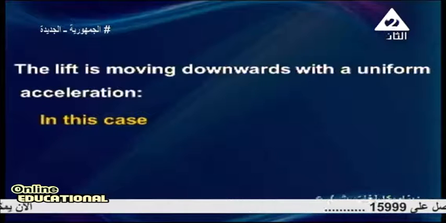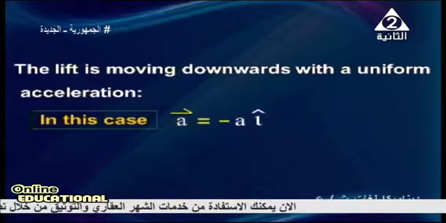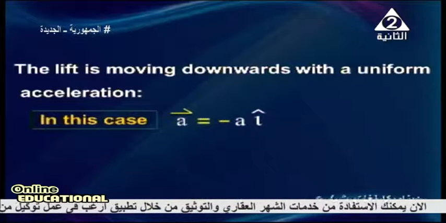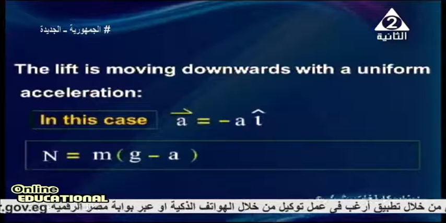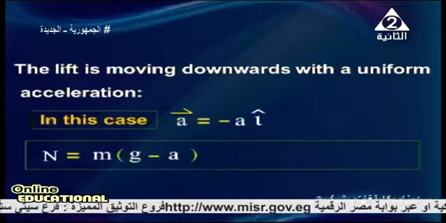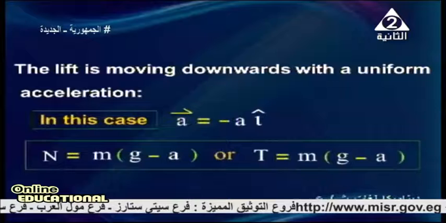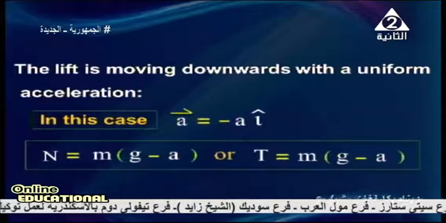Then in this case, vector a equals negative a i. The equation is written as N equals m times (g minus a), or the tension T equals m times (g minus a).